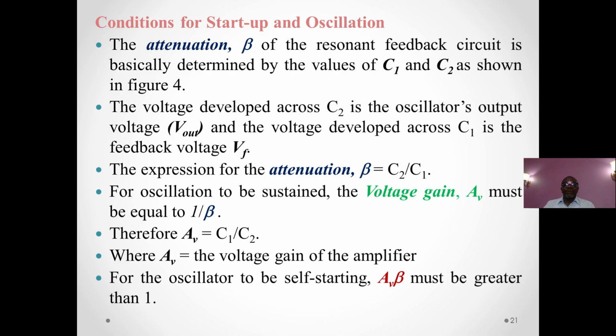The voltage developed across C2 is the oscillator's output voltage, and the voltage developed across C1 is the feedback voltage.